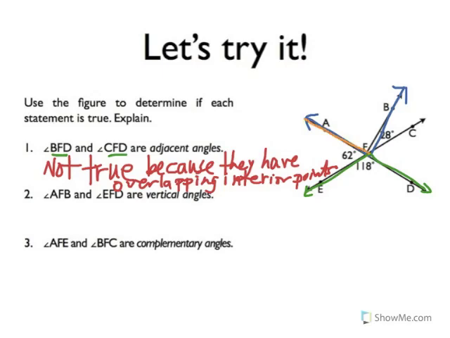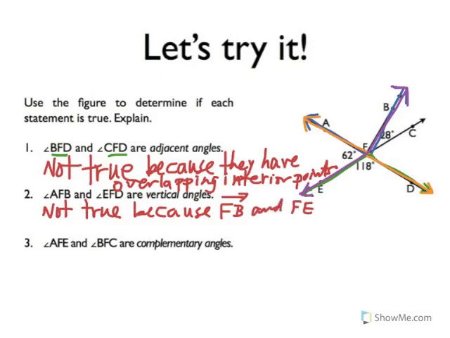So if you look at ray FA and ray FD, they are indeed opposite rays. However, ray FB and ray FE do not form a straight line, so therefore they are not opposite rays. So therefore, this is also not true, because ray FB and ray FE are not opposite rays.